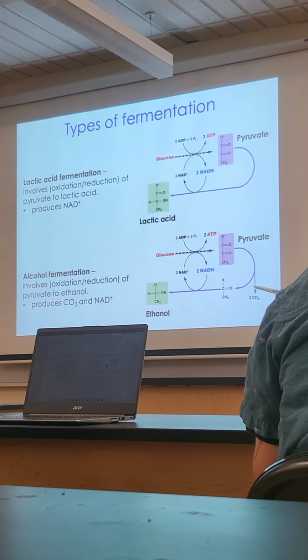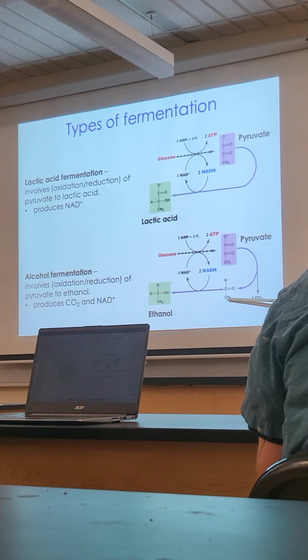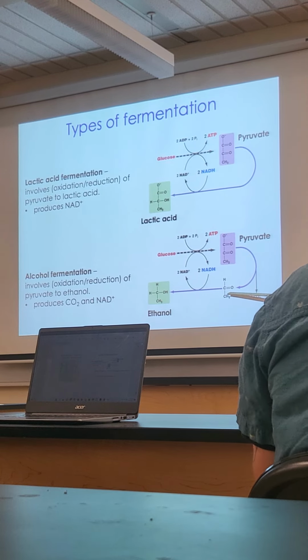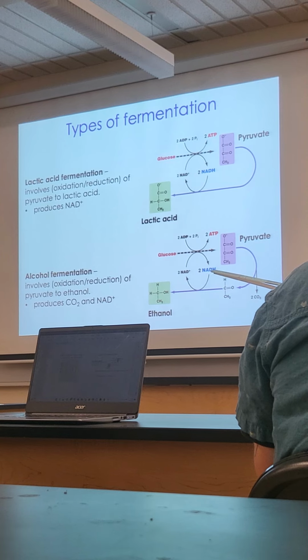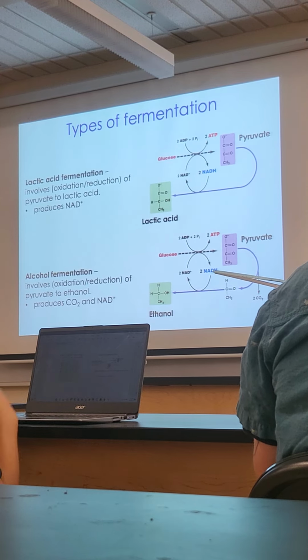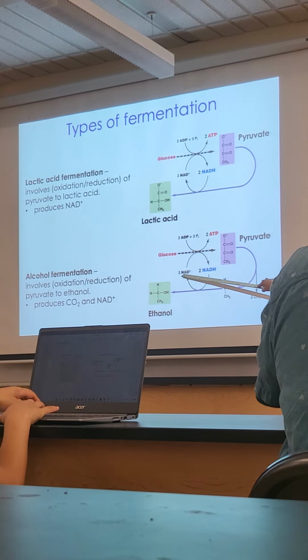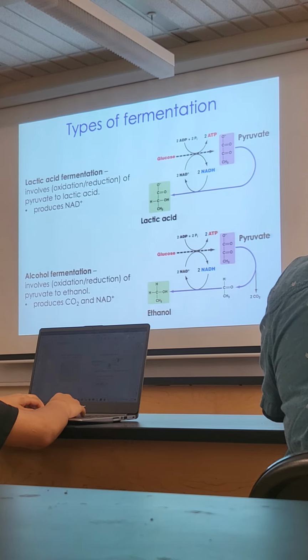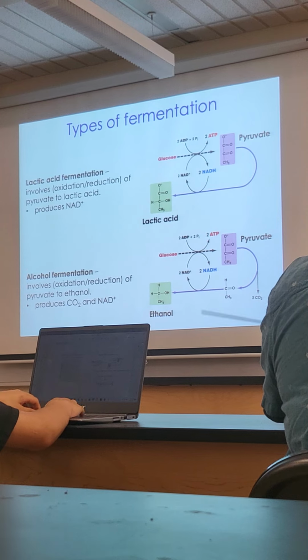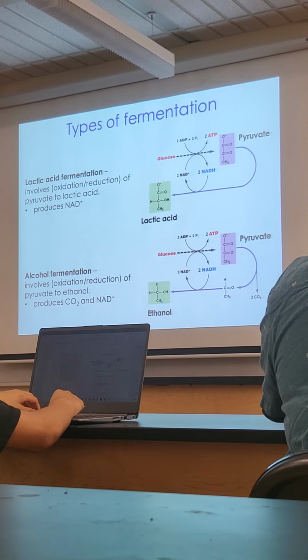The CO2 is a byproduct here, and then you produce acetaldehyde. The acetaldehyde is actually what is then going to be reduced. So again, it's picking electrons from NADH. That's giving us our starting NAD+, and that makes the reduced ethanol from acetaldehyde. Okay?